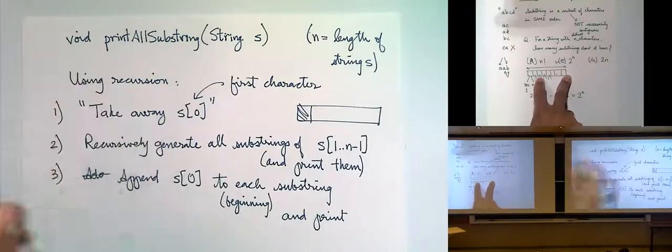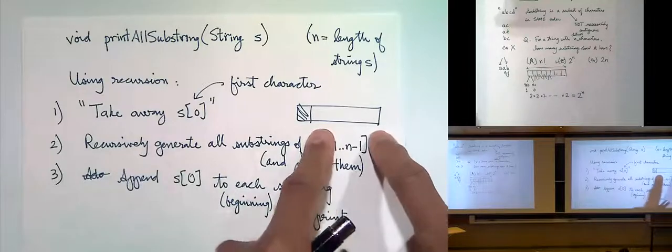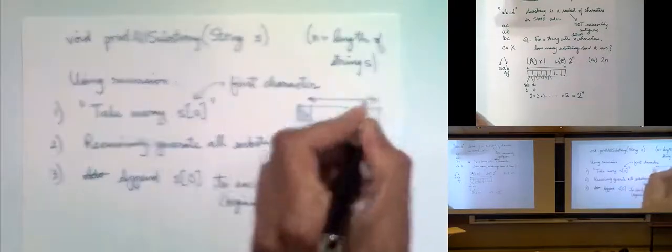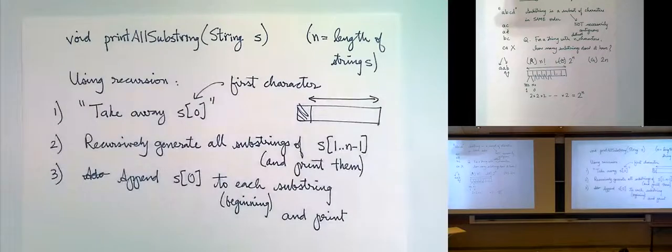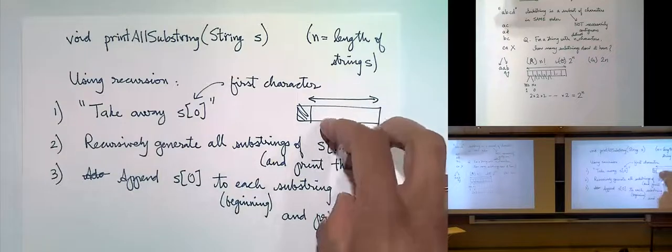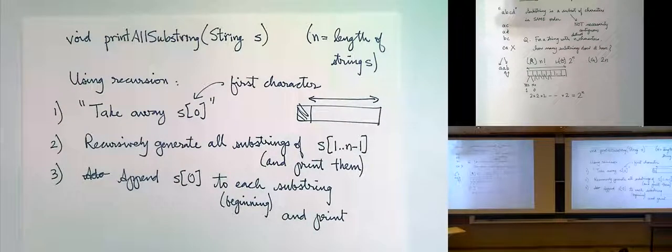This is another way to see the 2 to the n. Whatever substring you get from the latter portion, each substring there generates 2 substrings of the whole thing itself, one with S0 appended. Am I making sense here?